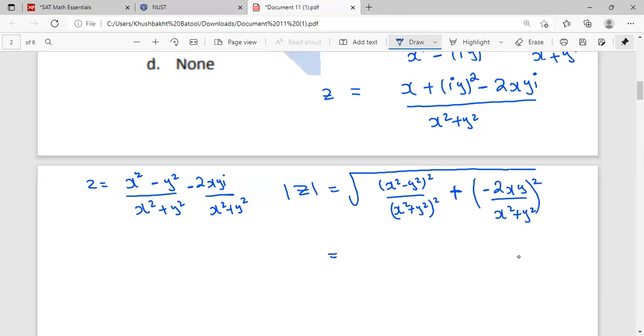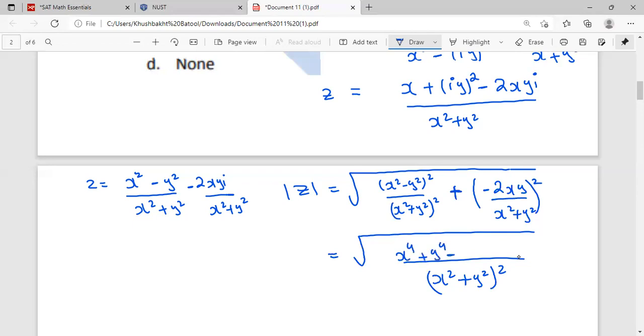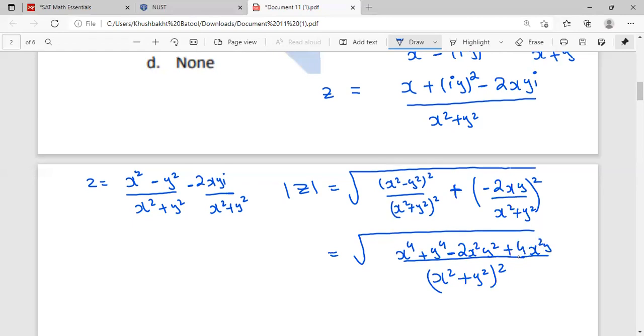If I open up (x square minus y square) whole square, this would be x to the 4 plus y to the 4 minus 2x square y square, and this would be plus 4x square y square, right?